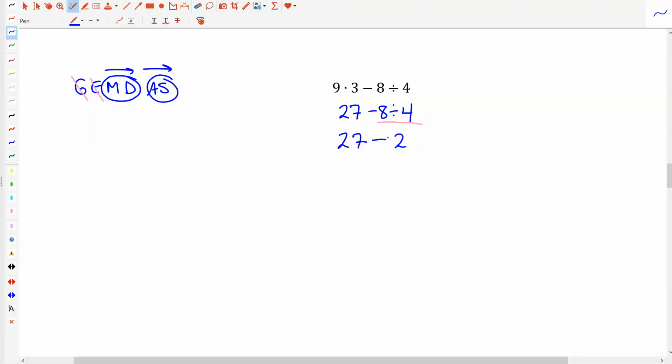Sometimes when you're working through these, you might be able to do more than one step in the order of operations. If you were comfortable, in this first line, seeing how the multiplication is one step I have to do, and this division is another step I have to do, we could have skipped this second line and just gone right down to this third line of work, this 27 minus 2.